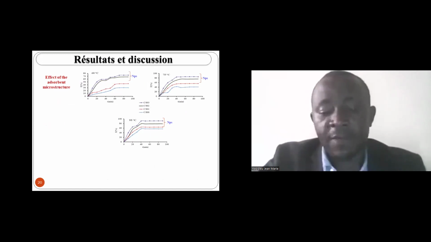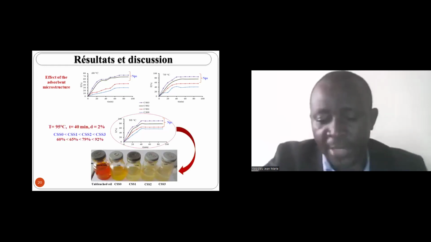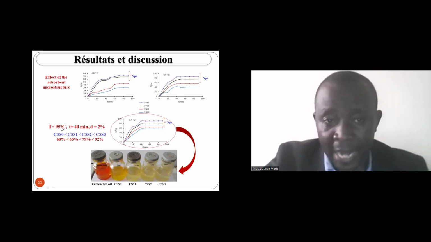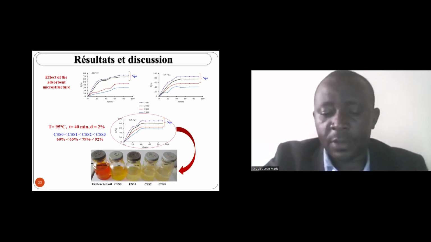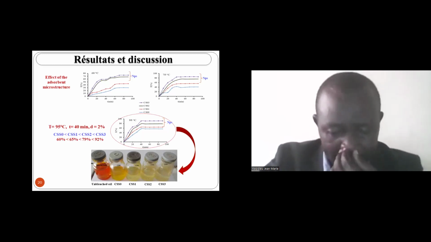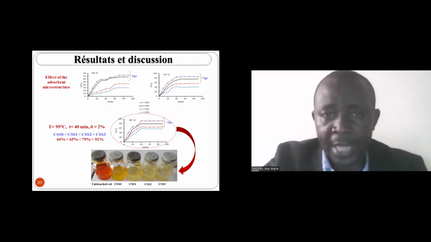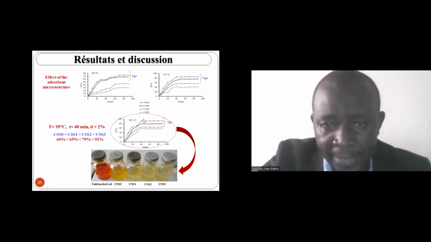The values of the bleaching capacity for 95 degrees and 40 minutes and an adsorbent dosage of 2%, at equilibrium, are 64, 65, 69 and 70, 79 and 92 for CSS1, CSS2, and CSS3 respectively.